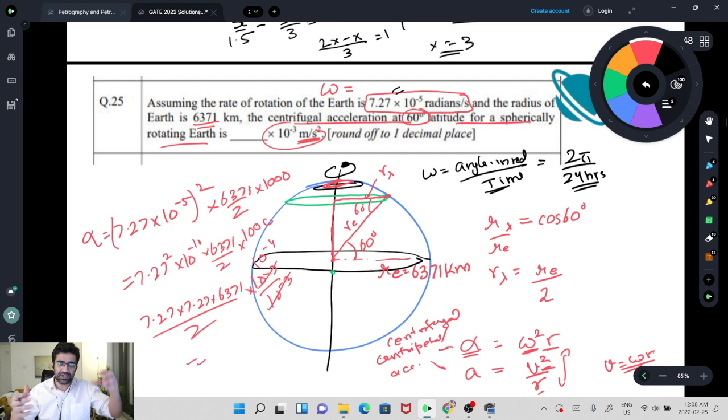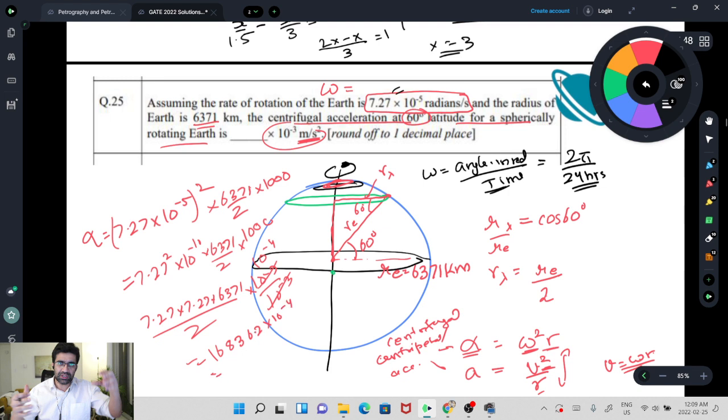So then you just calculate it. Let me just calculate it. 7.27 squared into 6371 divided by 2 gives 168362, so 168362 into 10 to power minus 4.